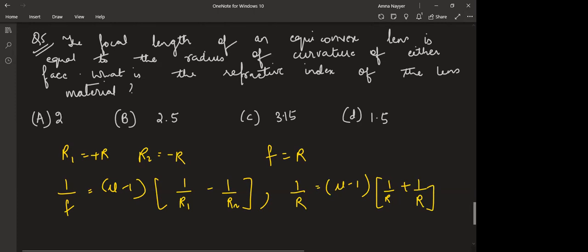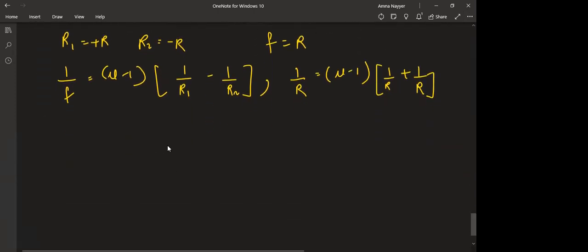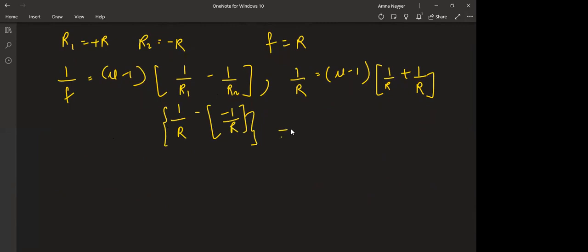See here, this is 1 by R minus, and the second one is minus R. So if you write this together, it becomes 1 by R plus 1 by R. So 1 by R is equal to mu minus 1 into 2 by R.